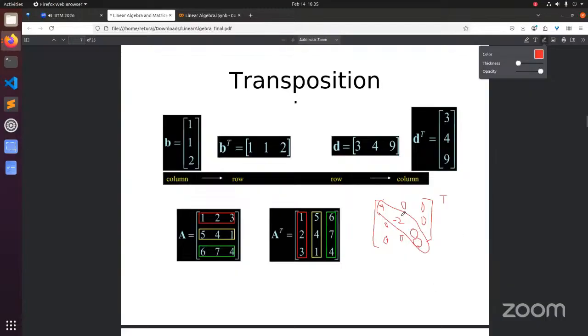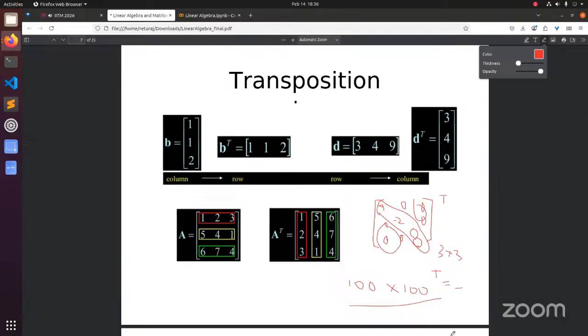Can you see? Right? So not just a 3 cross 3 matrix. Even if you have a 100 cross 100 matrix, and only the diagonal elements are there and everything else is zero, its transpose will also be the same.